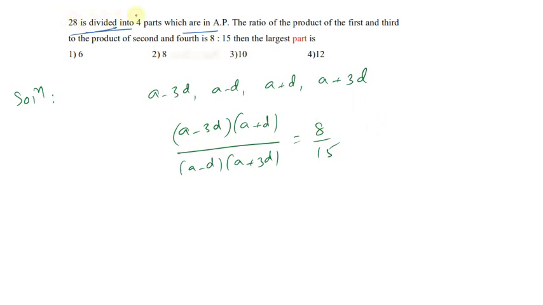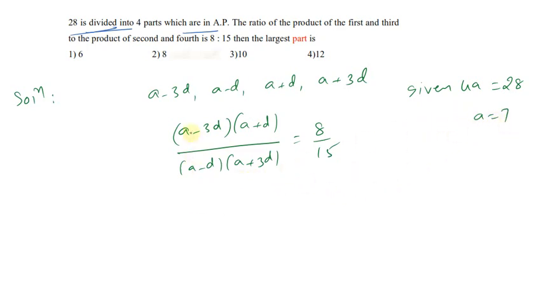Now 28 is divided into 4 parts, so indirectly the sum of all these numbers is equal to 28. Minus 3d plus 3d get cancelled, and minus d plus d gets cancelled. The total sum is nothing but 4a, that is equal to 28. You got a is equal to 7.